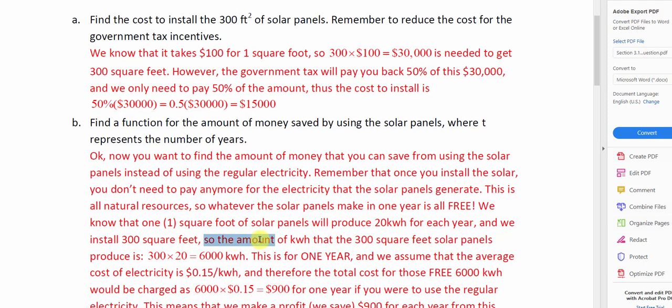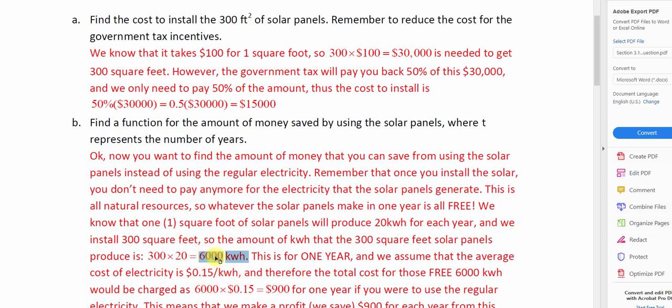So the total amount of kilowatt hours that the 300 square feet of solar panels make is 300 multiplied by 20 for each year. The total is 6,000 kilowatt hours per year. This number is the kilowatt hours per year that your solar panel produces, and this is for 1 year. And we assume that the average cost of electricity is $0.15, or 15 cents, per kilowatt hour.